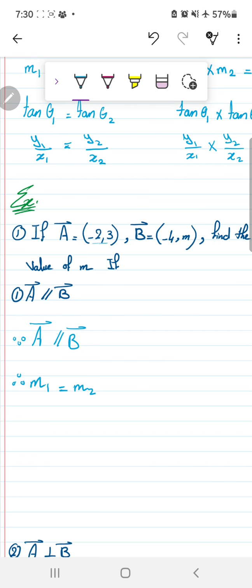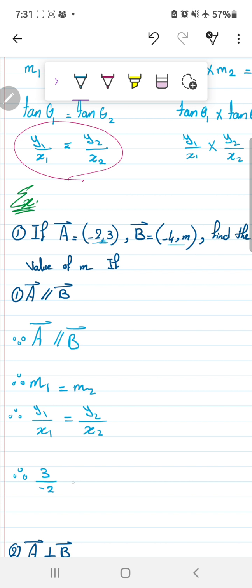Here we have x and y, so we will use y1 over x1 equals y2 over x2. It means y1 is 3 over -2 equals y2, which is m, over -4.